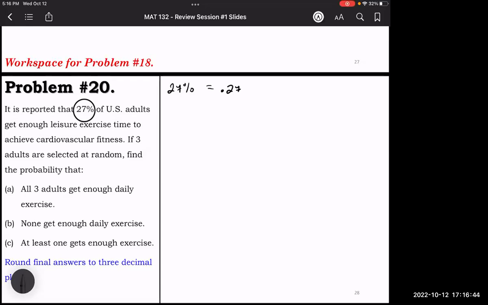If I select one person at random, what is the probability, as a decimal number, that the person gets enough leisure exercise time? If I select one person, just one, based on the data, what can you say? If one person was selected at random, just one, not 3, for the moment, what would be the probability that that person, yeah, it would have been 27%.